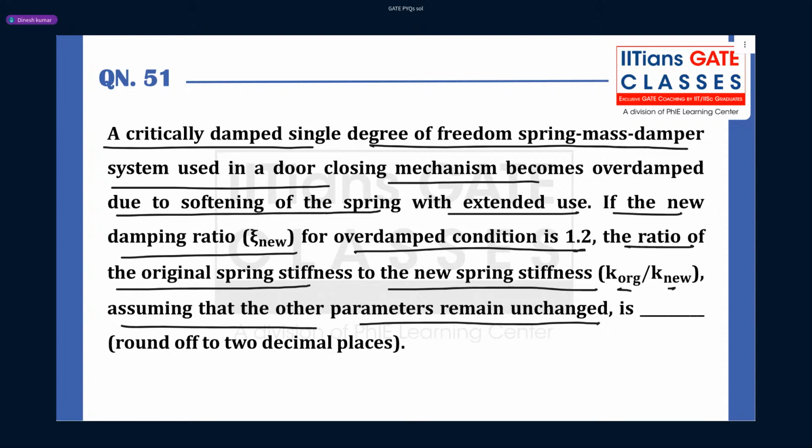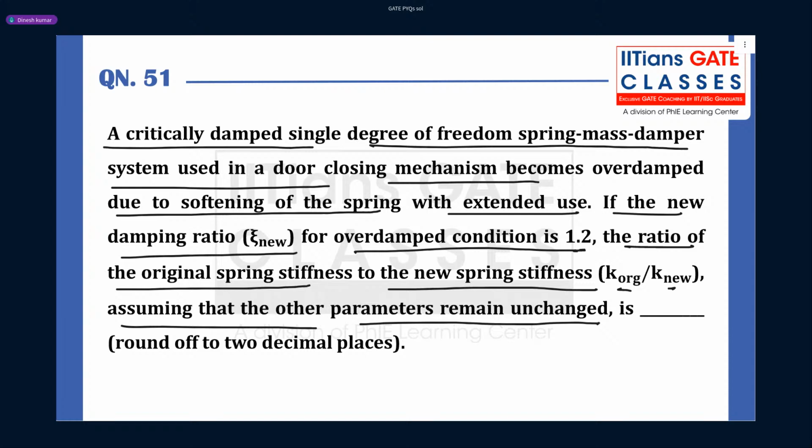So guys, initially your system is what? Critically damped, right?